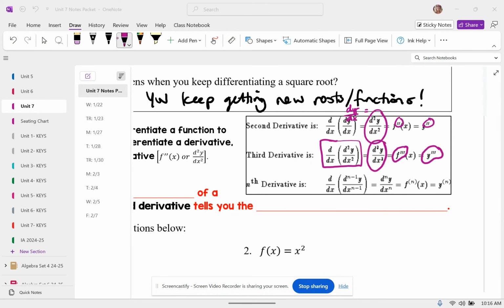So like the fourth derivative would be like d4y over dx to the fourth, or it would look like this. Okay, so they don't use the tick marks anymore past 4, they just write y to the fourth, f to the fourth of x. Okay, so that's just saying the fourth derivative.